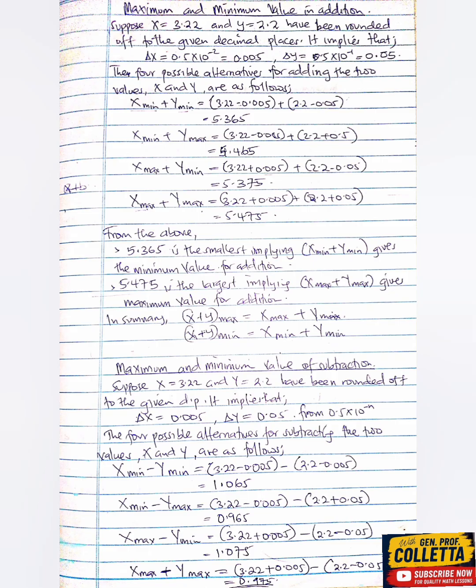We start with x min and y min. To get the minimum value of x, I take the given value of x and subtract the error. Plus, how do I get the minimum value of y? I take the value of y and subtract the error. If I add them, I come up with 5.365.